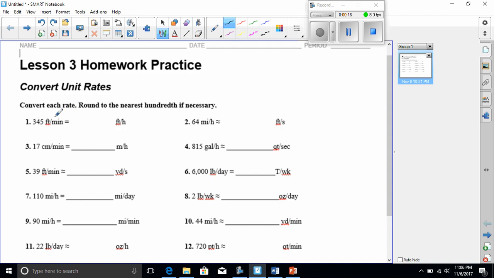345 feet per minute. And how would we write that? Well, let's do it over here. 345 feet over 1 minute.